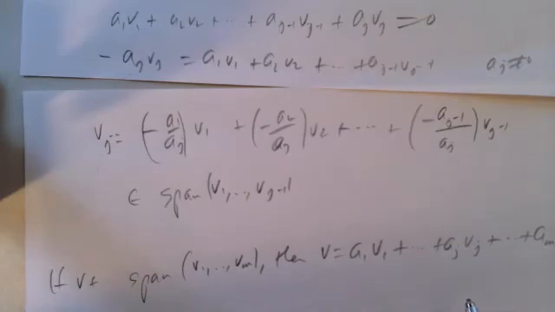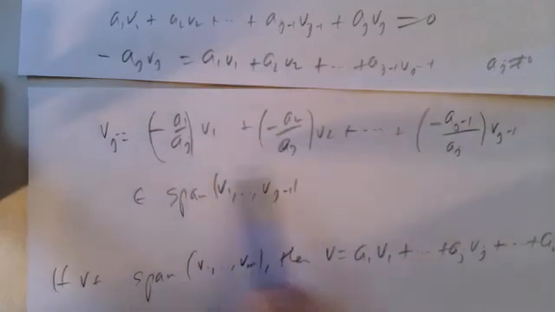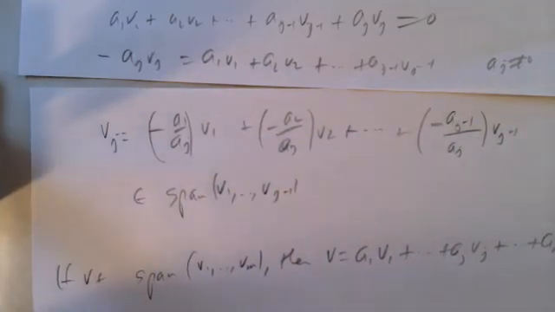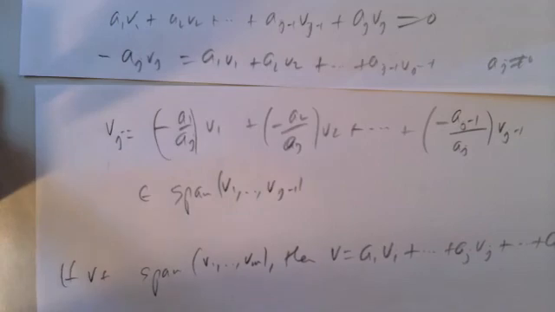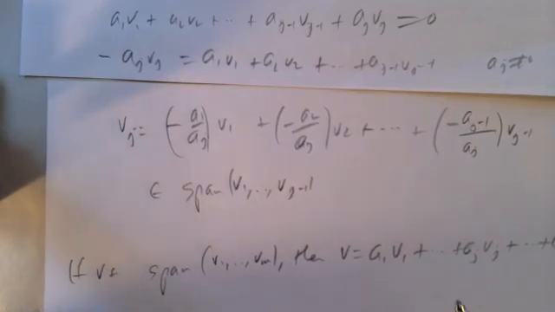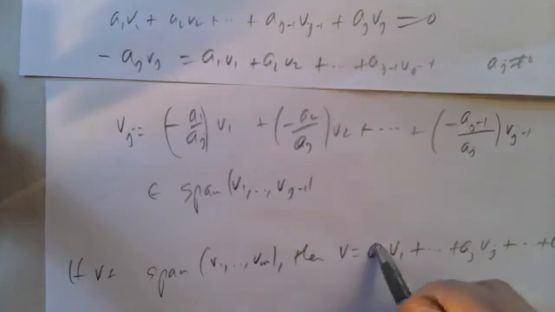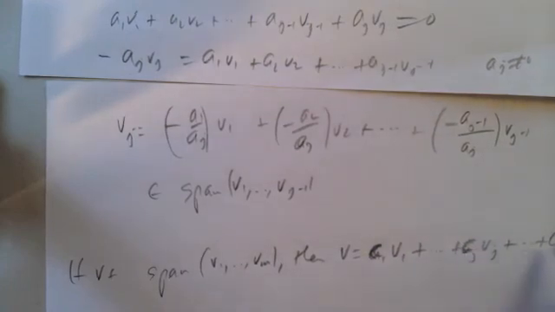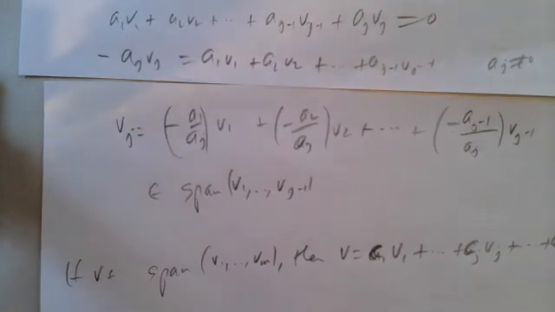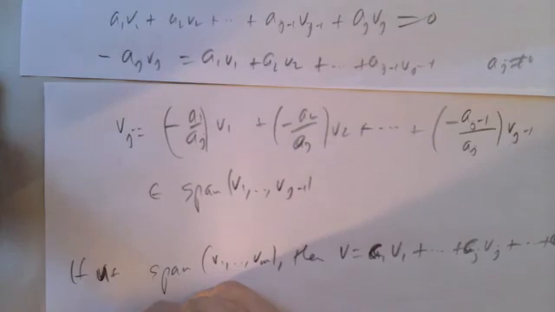But V sub j can be written like this. Actually, I should use different letters here. If V is in the span, I'll use letter C, C1 up to C sub m. And just to be consistent with the notes of the book, this is the vector U.